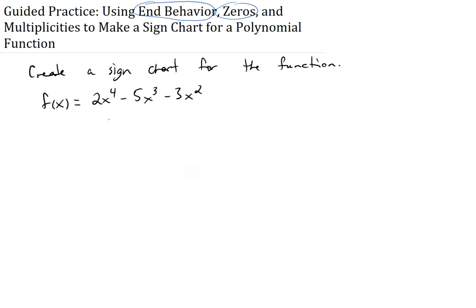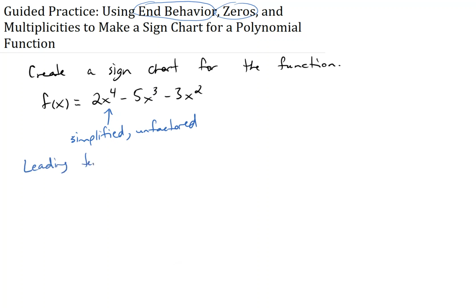So this function is simplified, meaning there's nothing left to multiply together. All the like terms have been combined. It's not factored, it's unfactored. So is there anything useful we can get from a function that's simplified? The answer is yes. We can get the leading term.